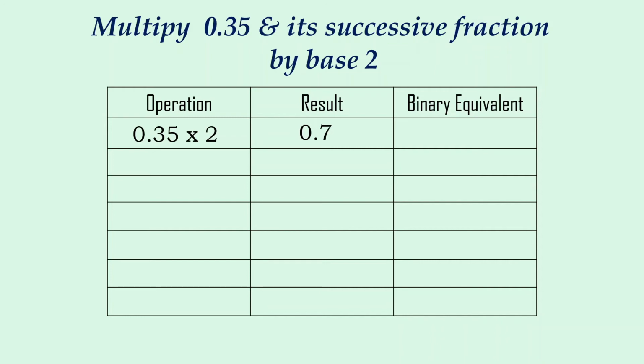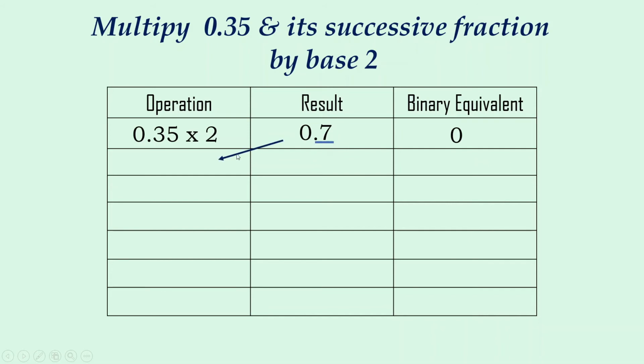For the binary equivalent, we will only consider the part which is present on the left hand side. So this 0 will be my binary equivalent, and for the next successive step we will consider only the right hand side of this result.